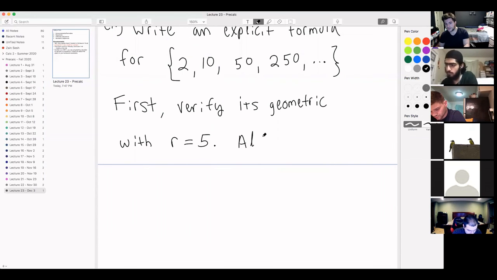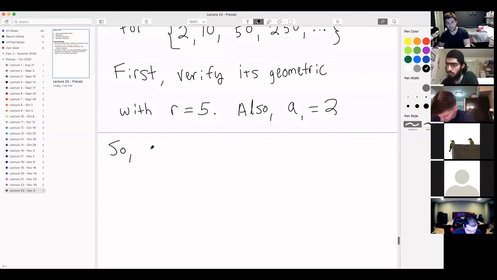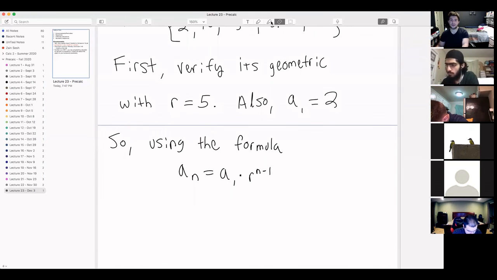Okay, very good. Also, a sub 1 is equal to 2. So, using that formula, a sub n is equal to a sub 1 times r to the n minus 1 power. I can just substitute in my information.